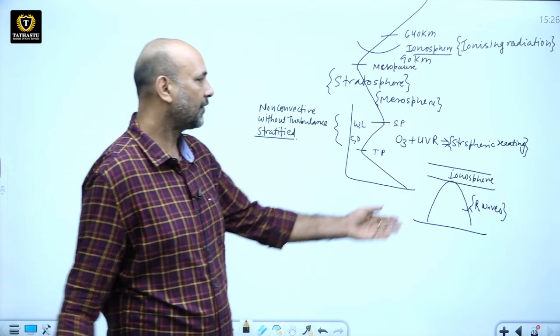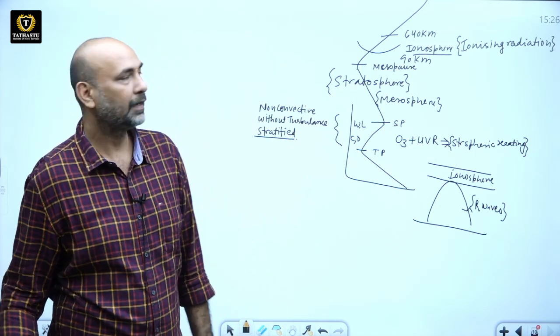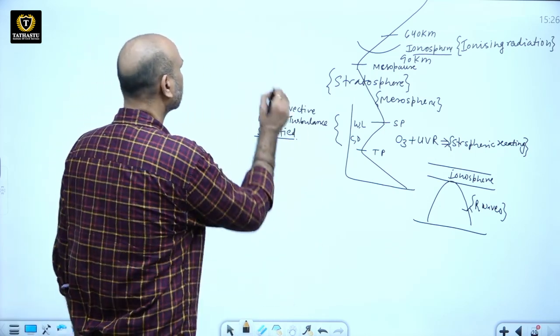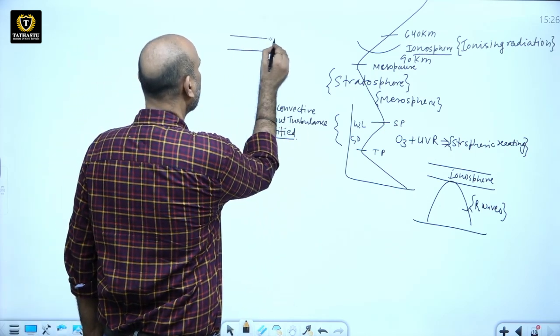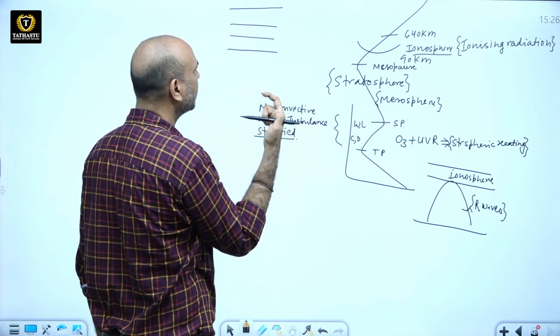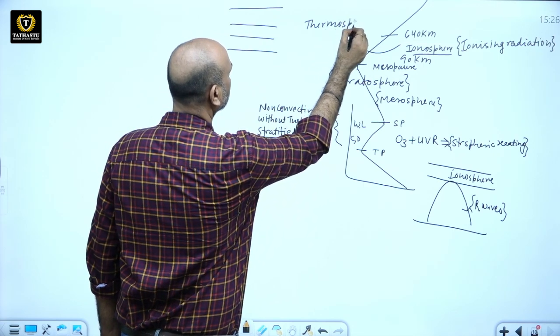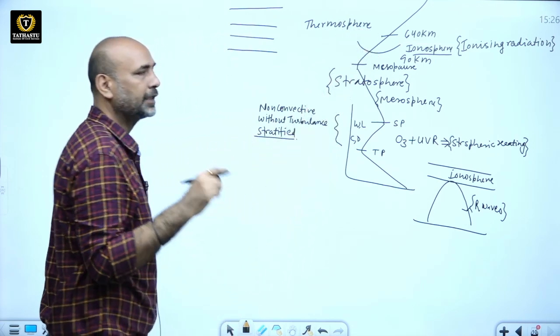So that is the source of reflection of radio waves and radio communication. Remember that this ionizing radiation itself is the source of heterogeneity in thermosphere.